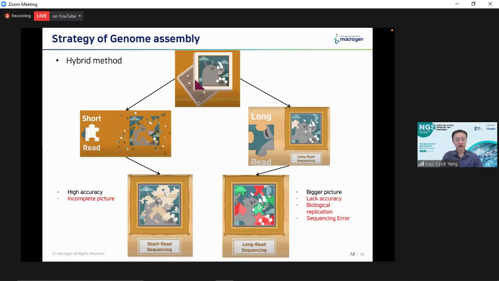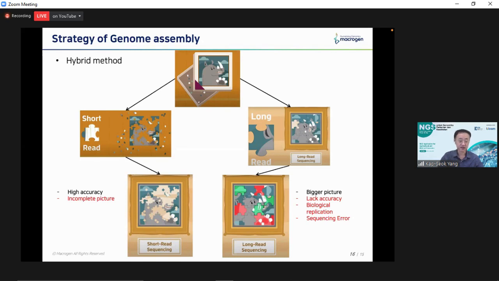The genome assembly strategy is very straightforward. There is no single sequencing tool or method or bioinformatics pipeline that can do this alone. You should have all kinds of different experimental systems, in other words, different sequencing machines and many different algorithms.